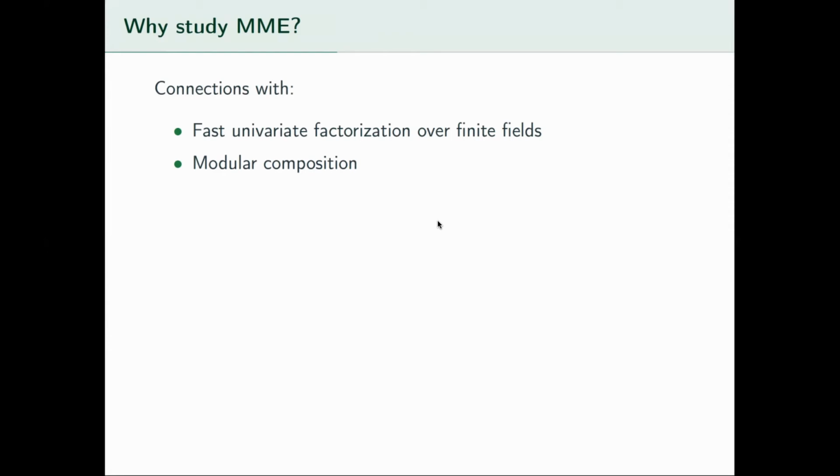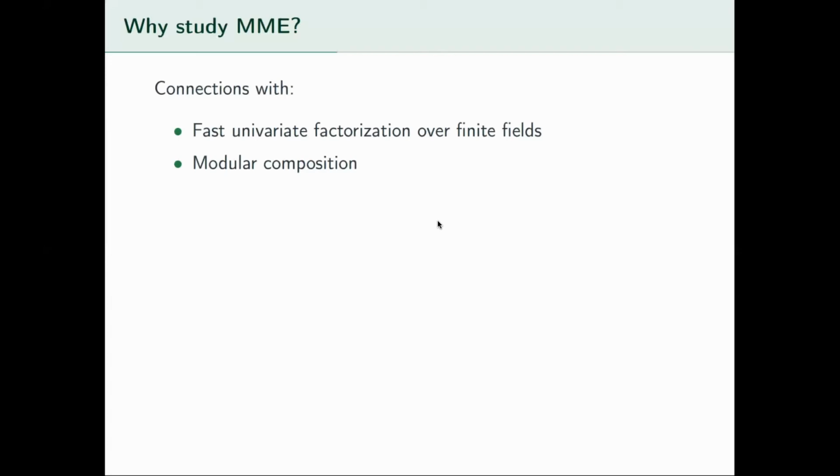I want to compose f with the gi's, that is, compute f(g1, g2, ..., gn), and then mod this out by h(x). That's the modular composition. I want to compute it efficiently, and this problem is very much related to multivariate multipoint evaluation.